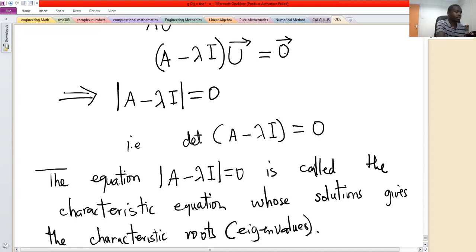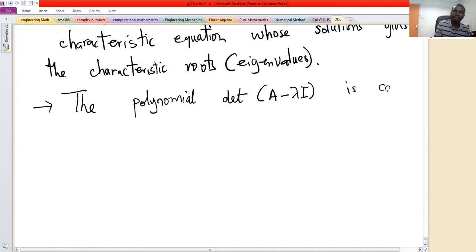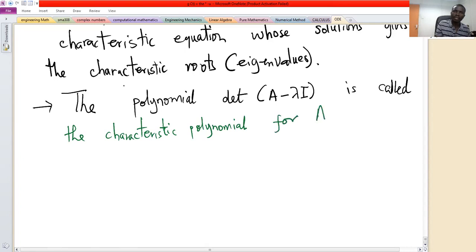So that's what we have. And then before you get the equality, the polynomial determinant of A minus lambda I is called the characteristic polynomial for the matrix A.